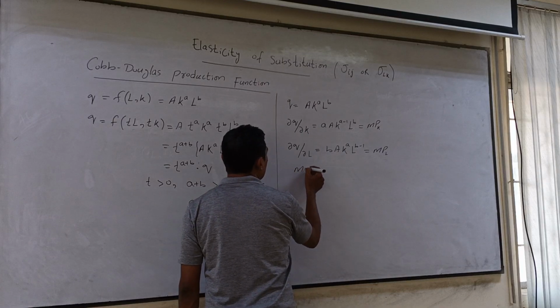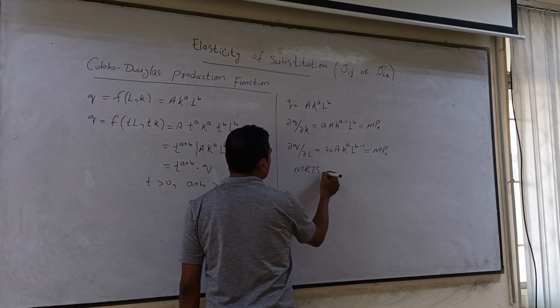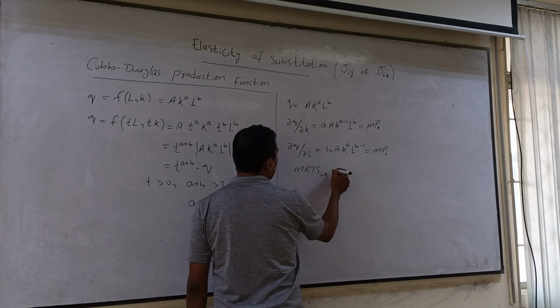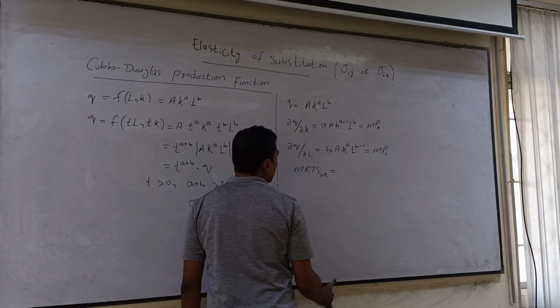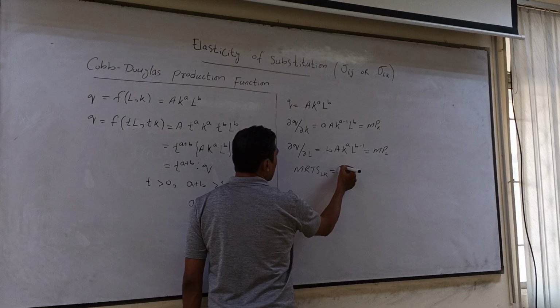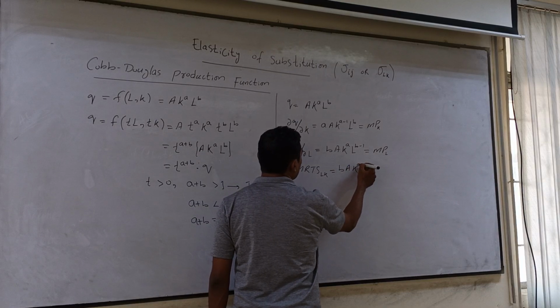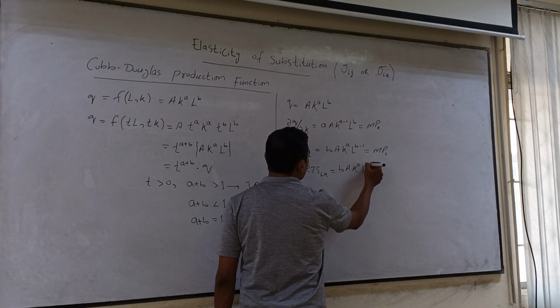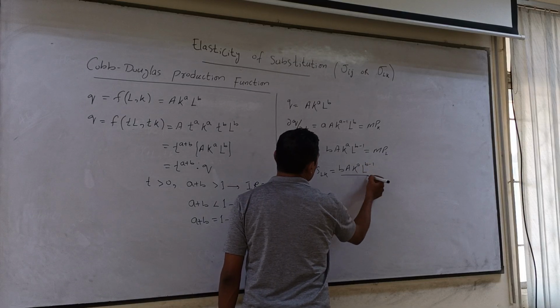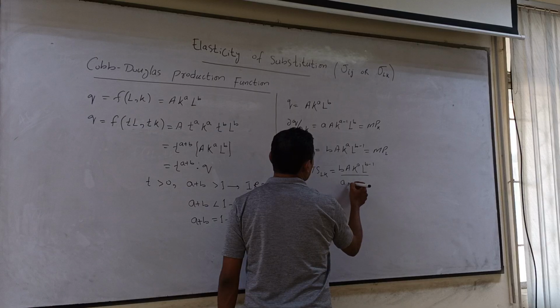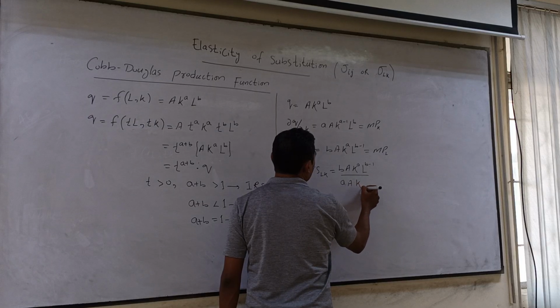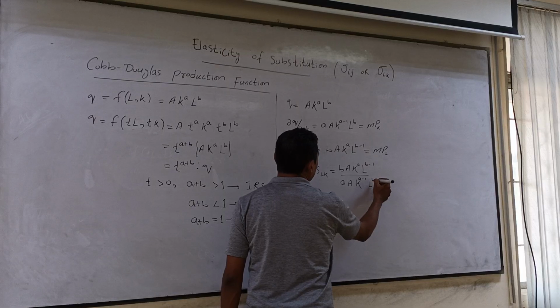So MRTS between labor and capital is b A K^a L^(b-1) over a A K^(a-1) L^b.